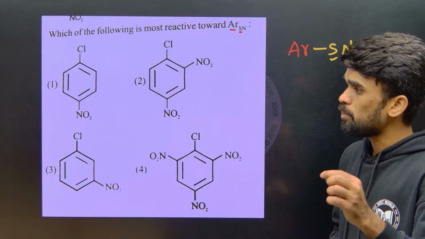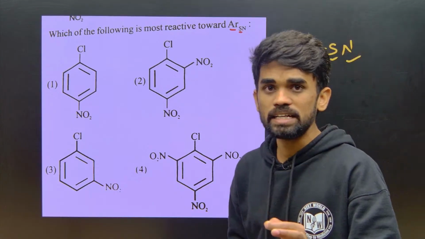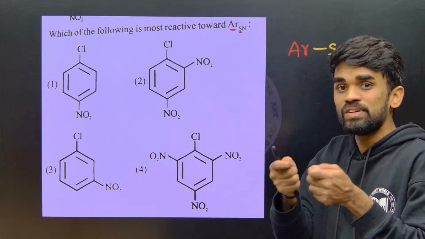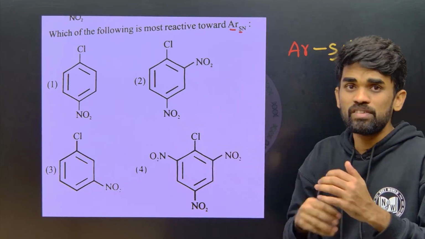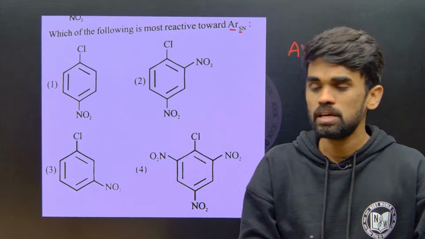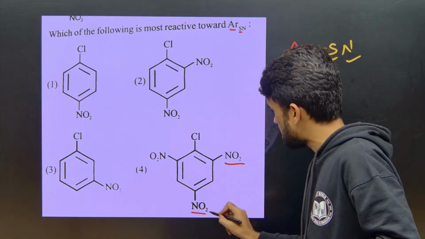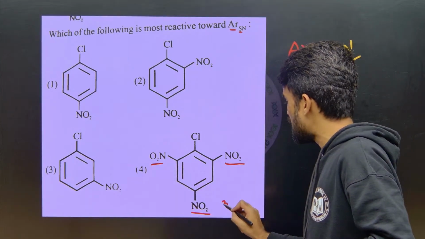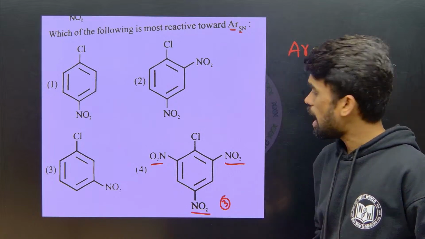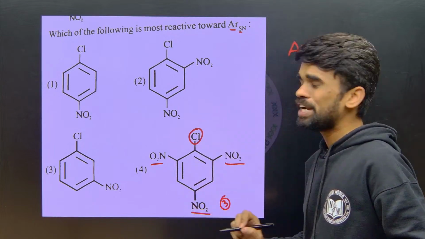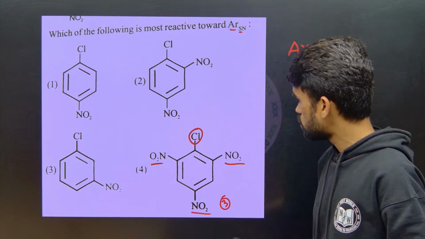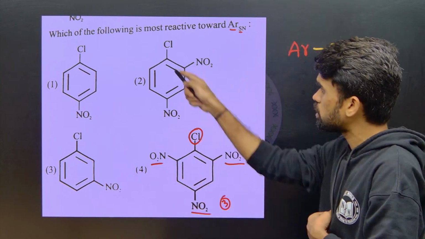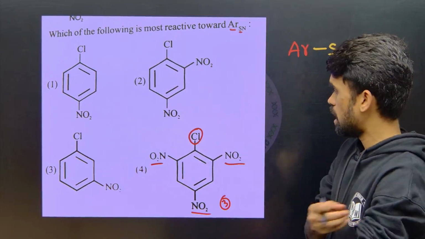Those compounds are more reactive which contain more electron withdrawing groups. Out of these 4, which has more electron withdrawing groups? See, 3 nitro groups are there here. So 3 strong electron withdrawing groups are there, and those are at ortho and para positions to this leaving group, chloride ion. Therefore, it will be more reactive when compared with the other 3 options.